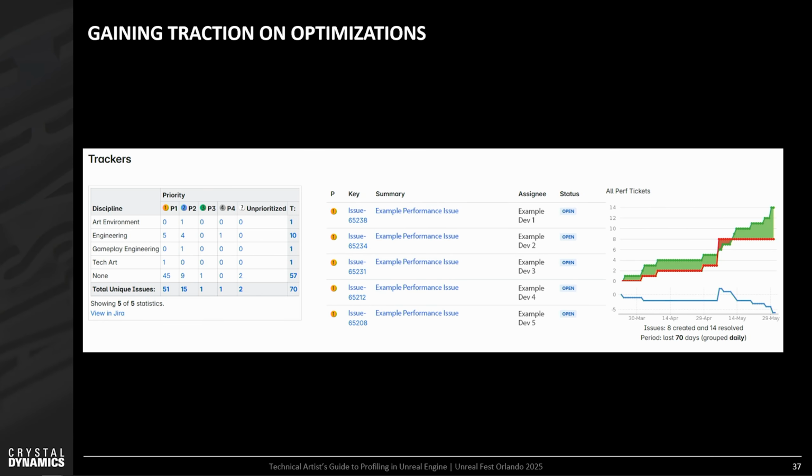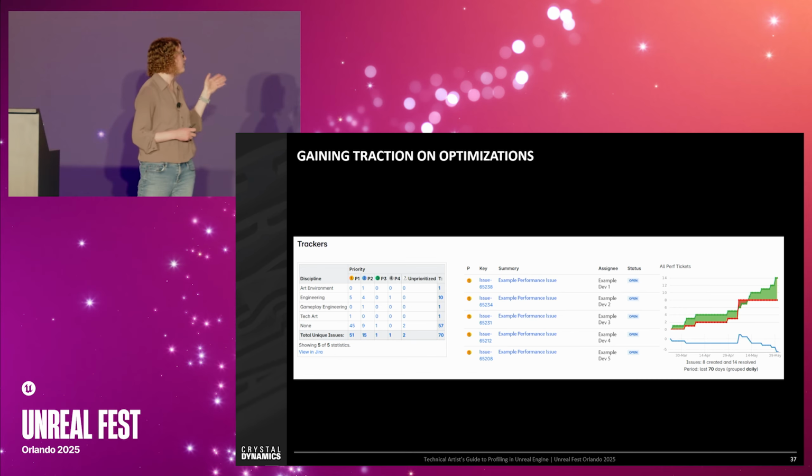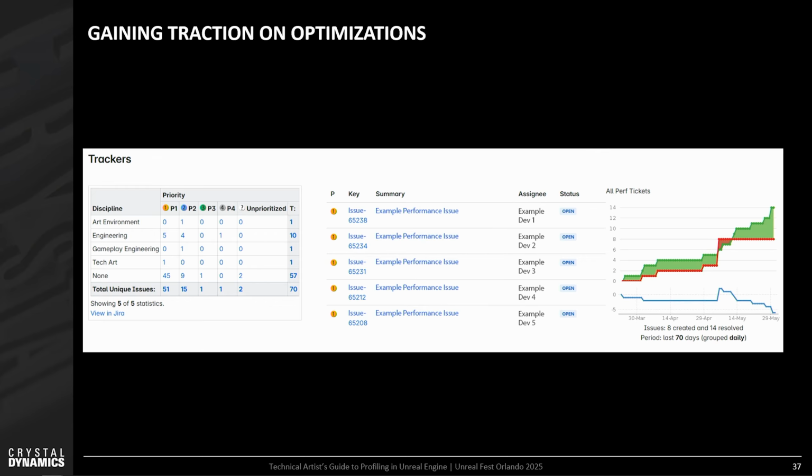This is really helpful just to make sure that you're continuing to drive these optimizations forward. We have ours broken down by team, so you can see what environment art needs to do, engineering, tech art, et cetera. We can also see recently created issues and then a burn down chart too, to make sure that we're actually making the progress that we want to see and hitting all of our performance goals.